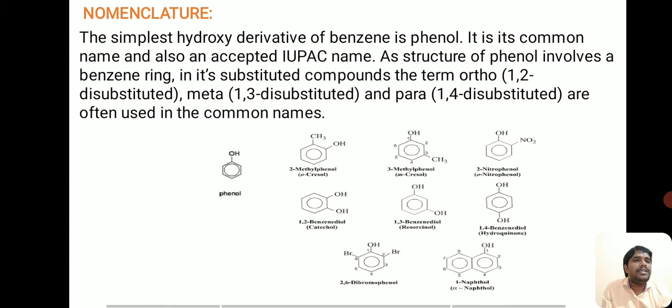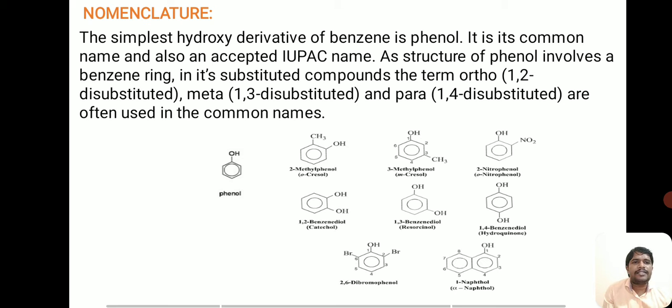Here, the methyl group is attached to the third position with respect to the OH group. It is also called meta-cresol. In the next example, ortho-nitrophenol or 2-nitrophenol, the nitro group is attached to the second position.